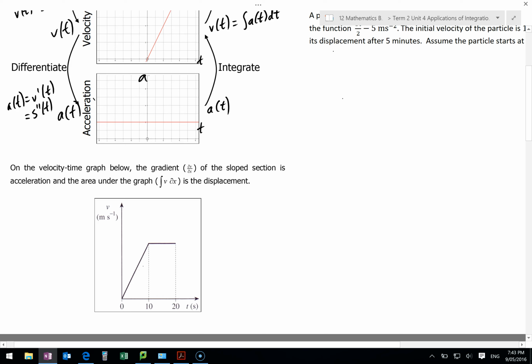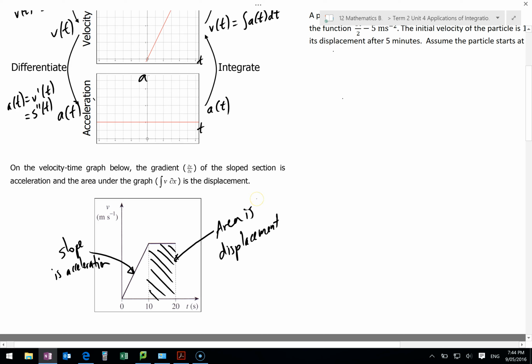Key ideas to keep in mind: since we're at velocity, slope is acceleration, area is displacement.